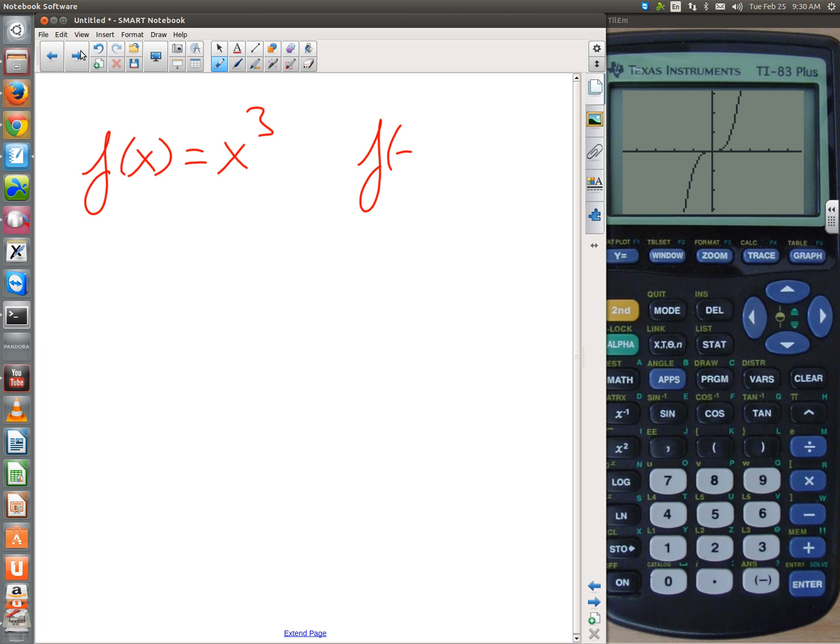F of negative x is negative f of x. If I plug in negative 1, what do you get when you cube it? Negative 1. So f of negative 1 is negative 1, which is the opposite of f of 1. What's f of 1? Plug in 1, you get 1. Negative 1 is the opposite of 1. That's called origin symmetry.